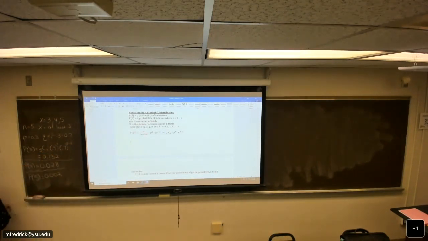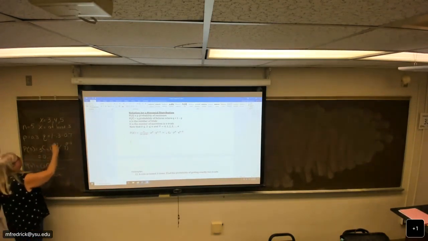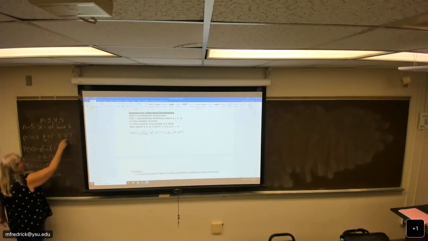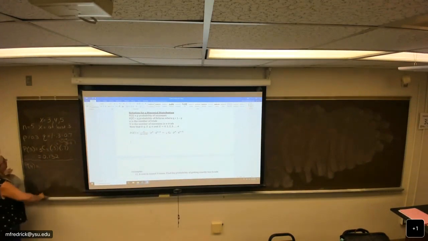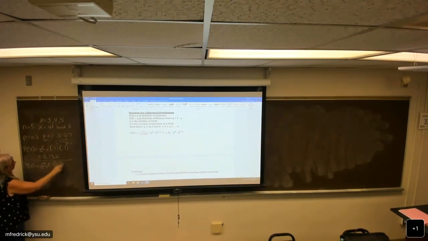It's always your N, whatever your N is. And these two should add up to N, which in this case is 5. So this one would be 5 choosing 4 successes, 0.3 to the 4, 0.7 to the first. These two add up to this.